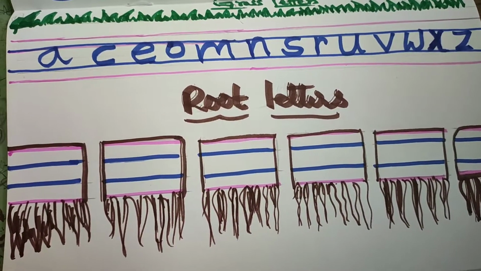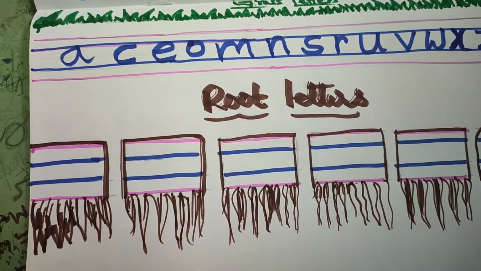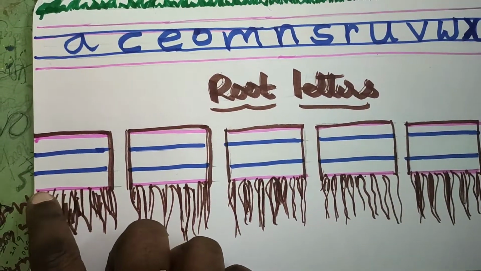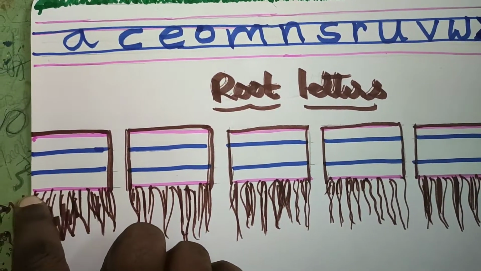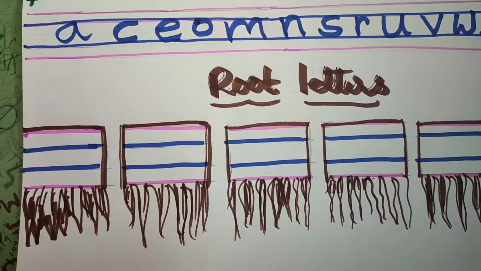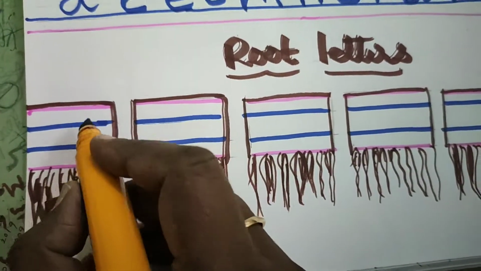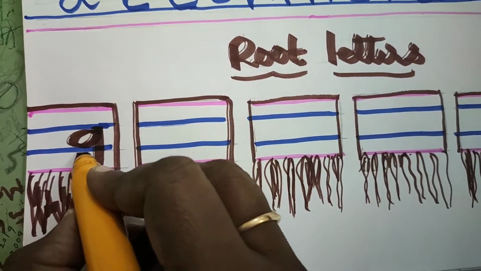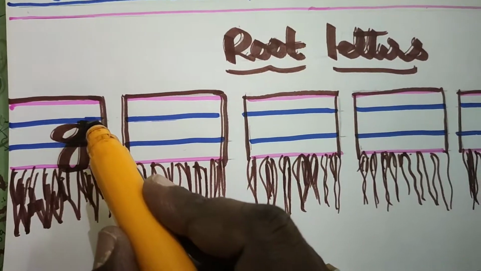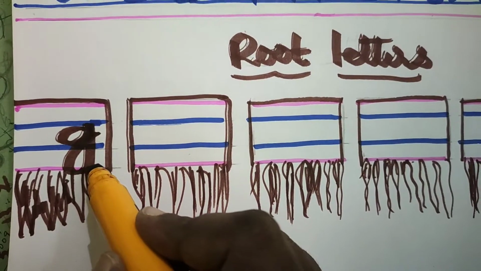Next, coming to the root letters. Root letters come below the line, from the blue line to below the pink line. Let's see what the root letters are. Look, G. If you observe, the letter comes down below the line.